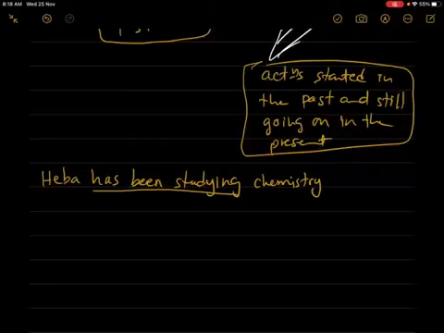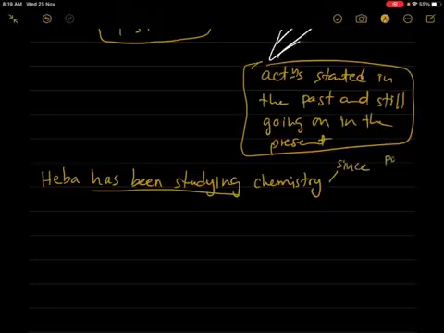Again, the use of present perfect continuous necessitates or entails the mention of the duration of time, either the point of time at which the action started in the past, or the duration of time between the present moment and the past moment at which the action started.